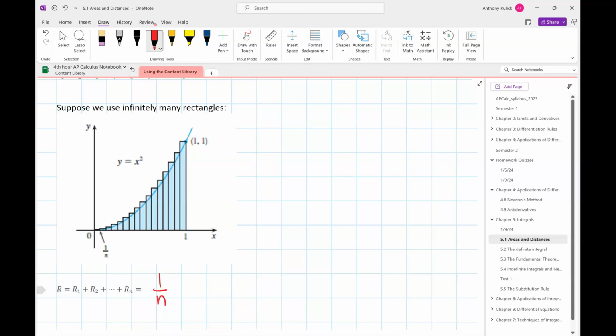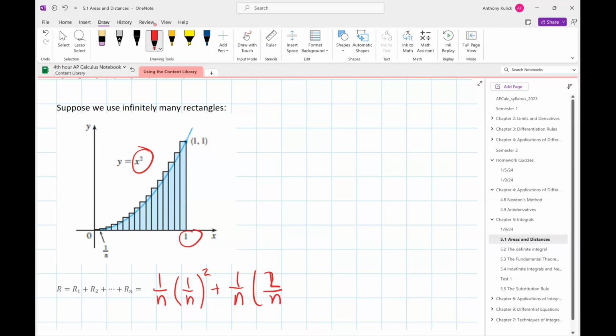So my subdivision is 1 over n, because I'm taking 0 to 1. I'm splitting into n chunks. And then I'm going to have 1 over n squared, because again, it's x squared. That's the height of it. And then I'll have another 1 over n.